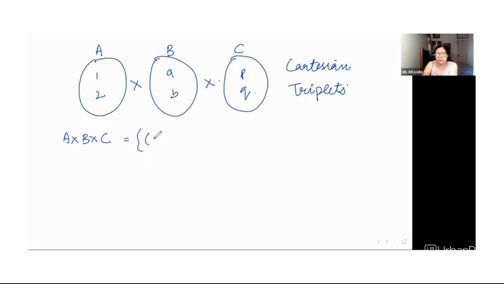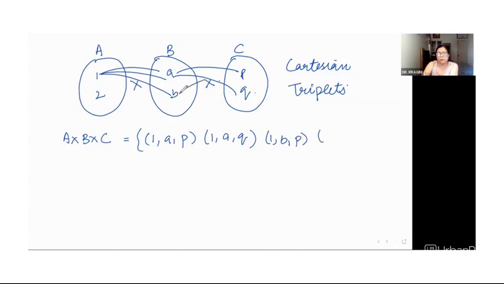So now here we will be getting answers of the form. Now they will not be pairs. One is related to A and then P. One is A, then Q. So this is 1, comma A, comma P. Write all the combinations. 1, comma A, comma Q. Similarly, go for 1, comma B, comma P. 1, comma B, comma Q, right?